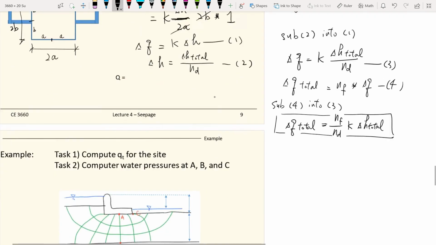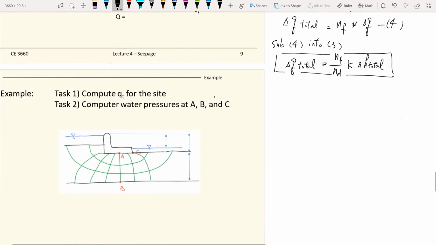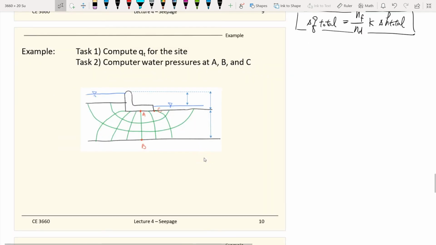So next we will try one example. Okay, let's try an example together. What we have here is a dam at this site, and we also have the upstream water level and a downstream water level over there.